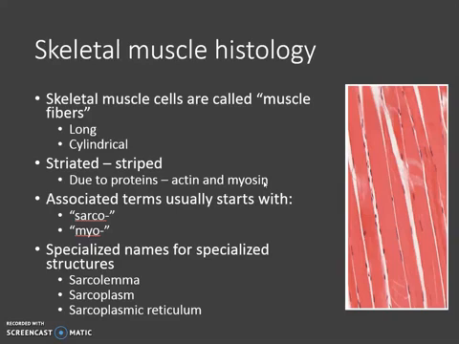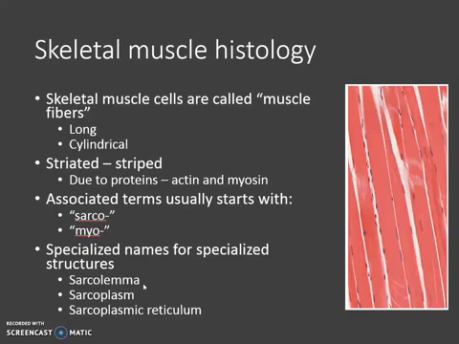But in general, histology and cellular structures associated with muscles have the prefixes of either sarco or myo. So here are some examples. So just like we call a muscle cell a muscle fiber, it gets a special name because it has a special structure and function. So the different organelles and structures associated with the skeletal muscle fiber also get some special names.